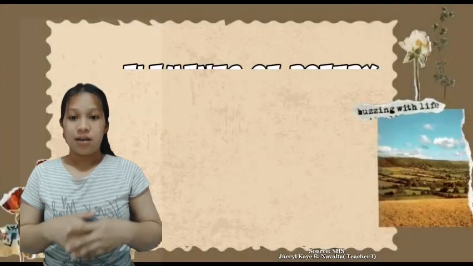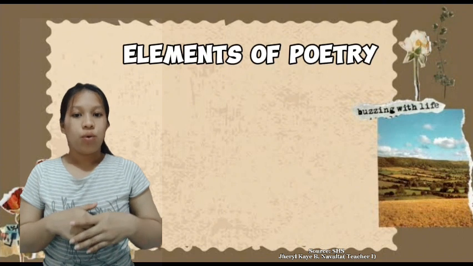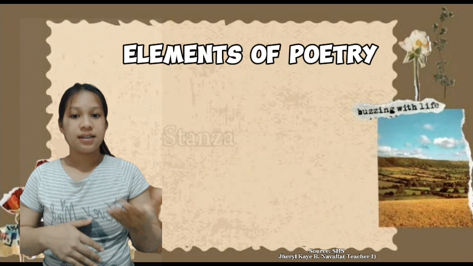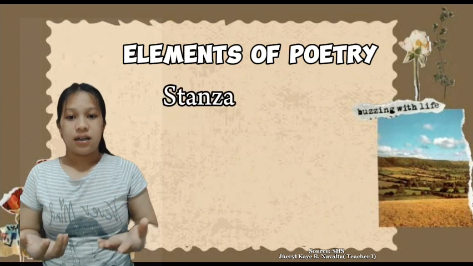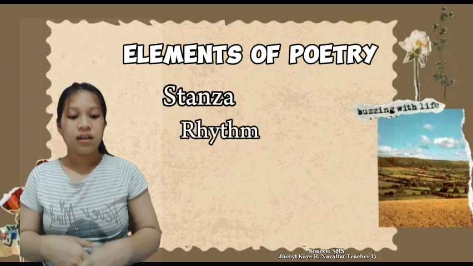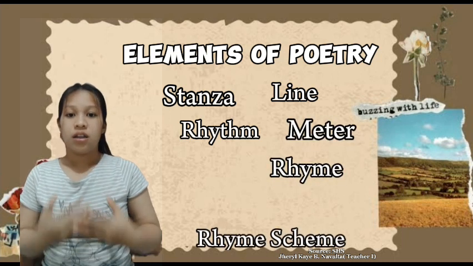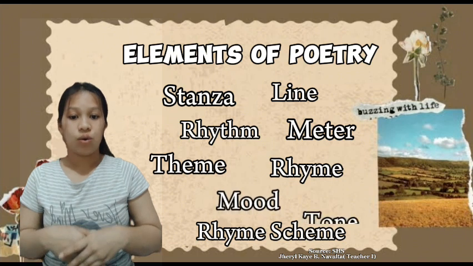There are various elements of poetry. We will now discuss some of its basic elements, namely stanza, rhythm, line, meter, rhyme, rhyme scheme, theme, mood, and tone.